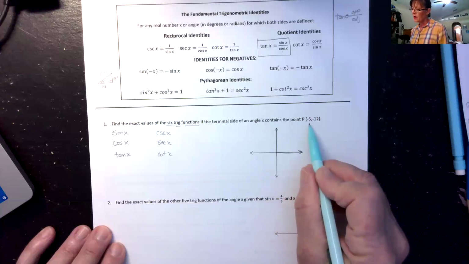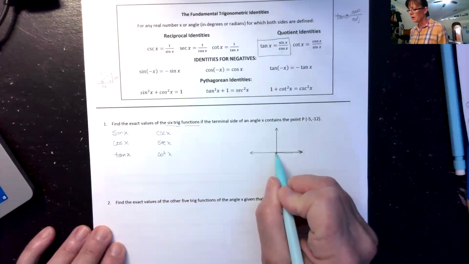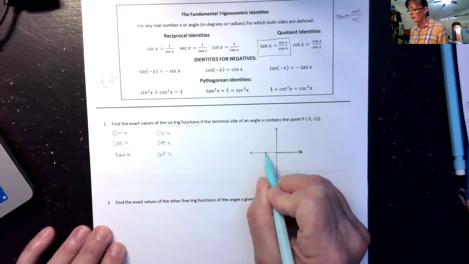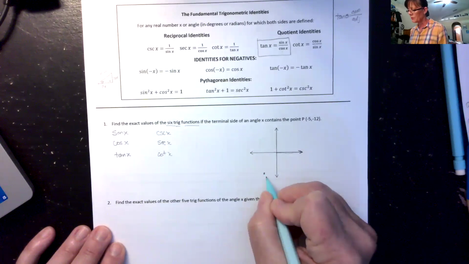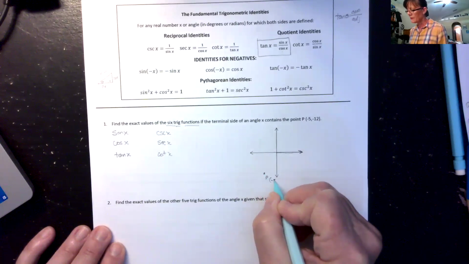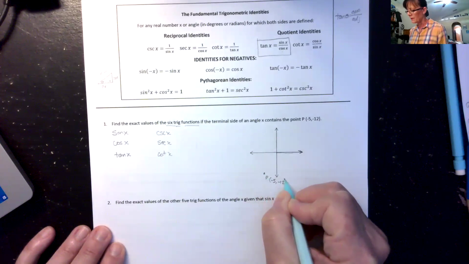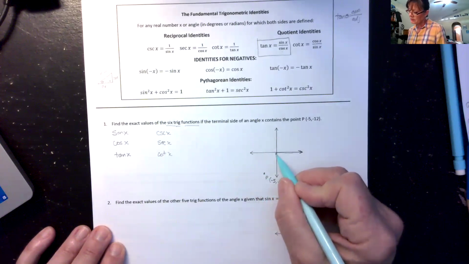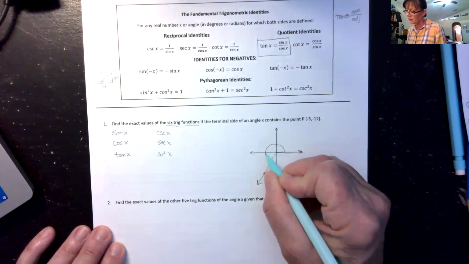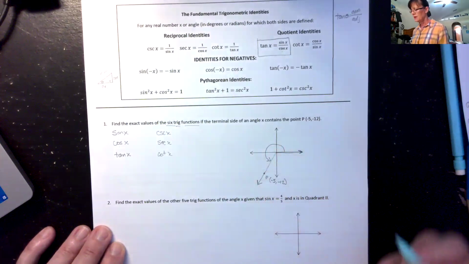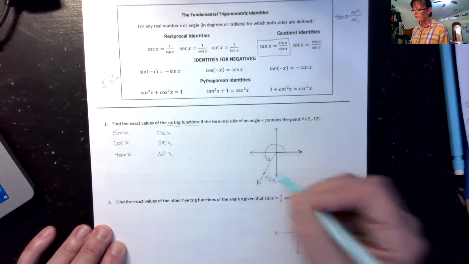And -5 would be about here, left 5, and -12 would be down here. So let's just say that this is the point P, -5, -12. That means the terminal side of this angle passes through -5, -12.